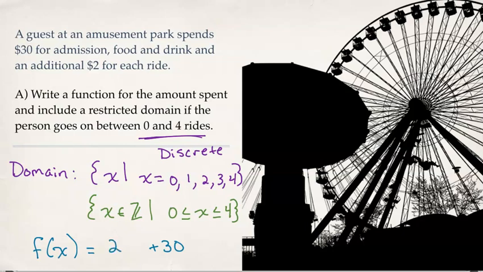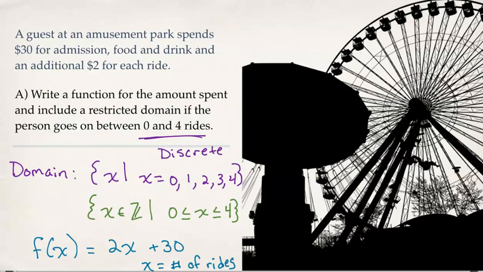So my slope, the amount that I'm increasing by, is 2 for every ride, where x, the input, is the number of rides. If I ride no rides at all, then this doesn't matter, and I'm just spending $30. If I ride one ride, then I'm spending $32. You see. Now I have a restricted domain and my function.